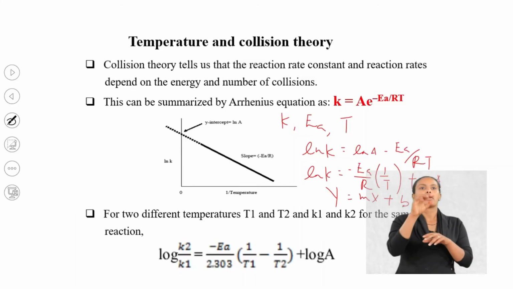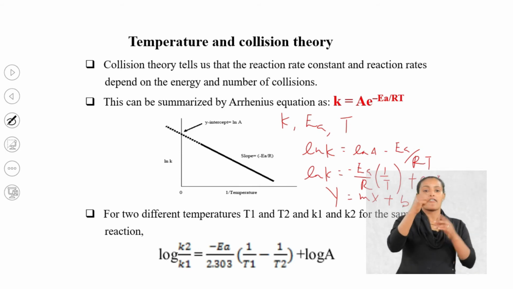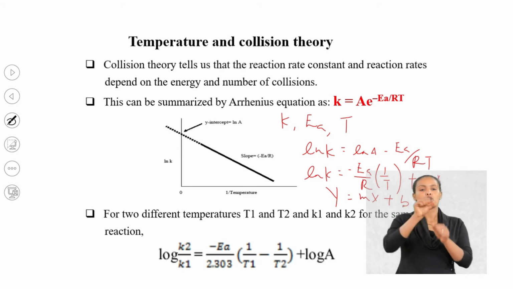Therefore, a plot of ln k versus 1 over T is a straight line with slope minus Ea divided by R.